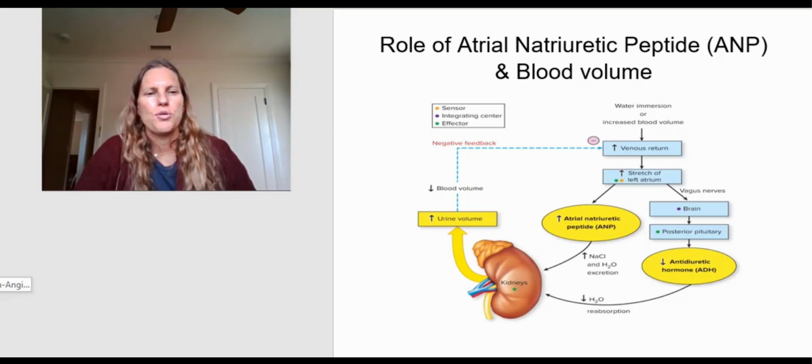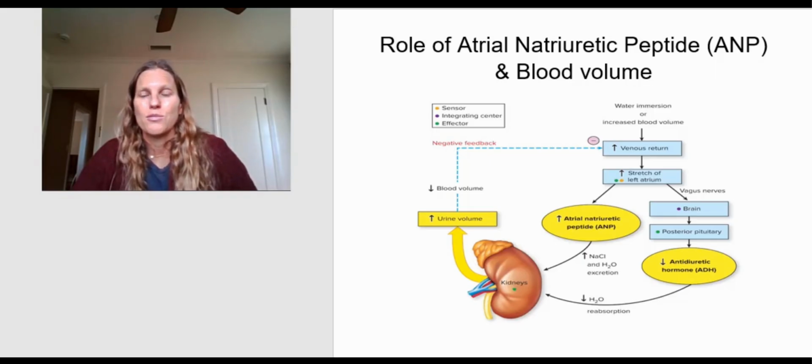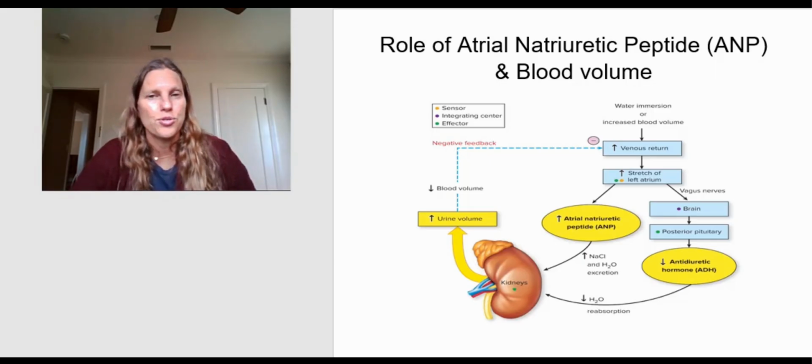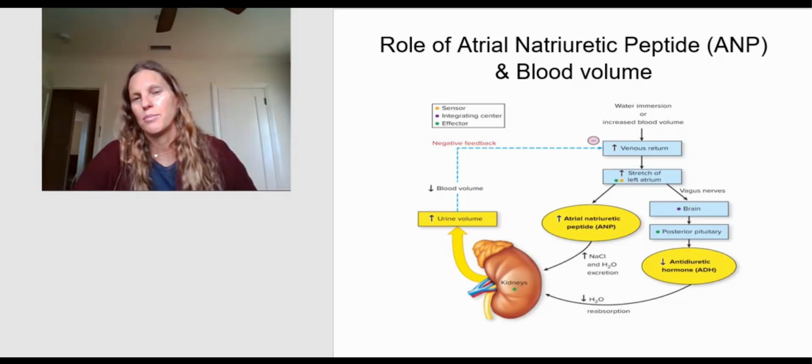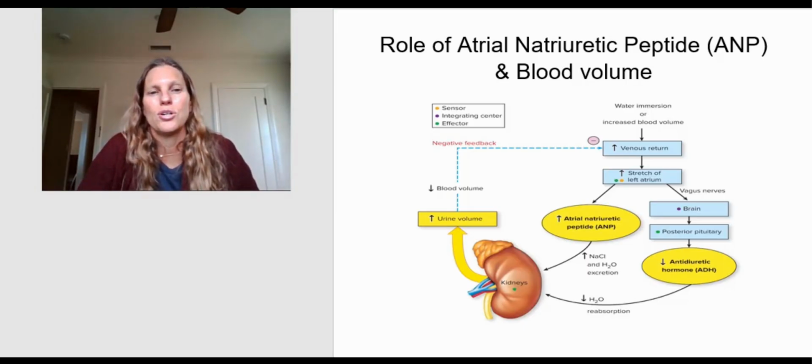It's produced by the atria. So we don't think about the heart as being an endocrine organ, but it is. We're learning more and more about all sorts of hormones that are produced all over the place, even in places you would not expect, like the heart. But the heart does produce this hormone, and it's called ANP. It's a peptide hormone, obviously.